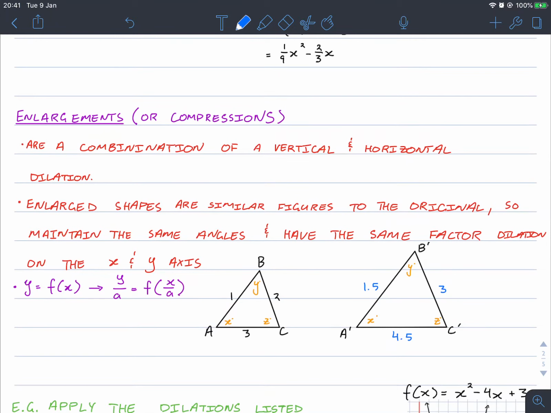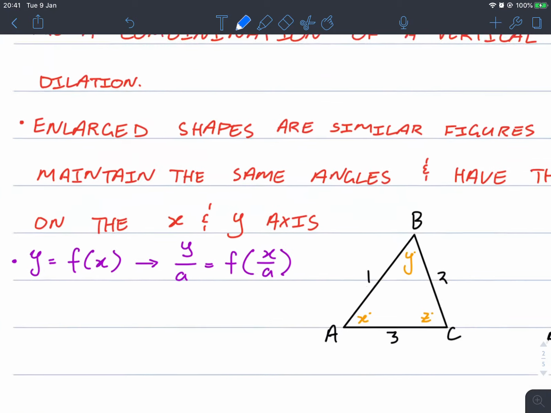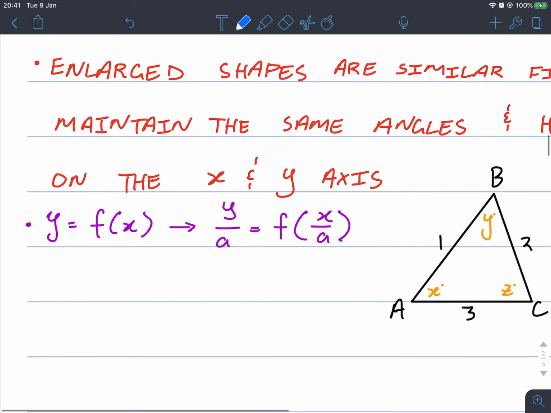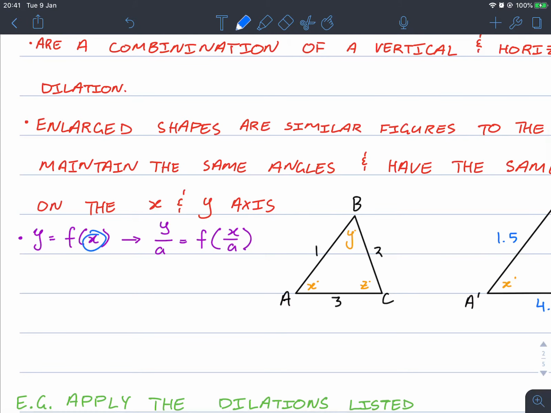Enlargements or compressions are a combination of vertical and horizontal dilations. Enlarged shapes are similar figures to the original, so they maintain the same angles and have the same dilation factor on the x and y axis. So take a look. If we substitute y with y over a, for this to be an enlargement, we also replace x with x over a.